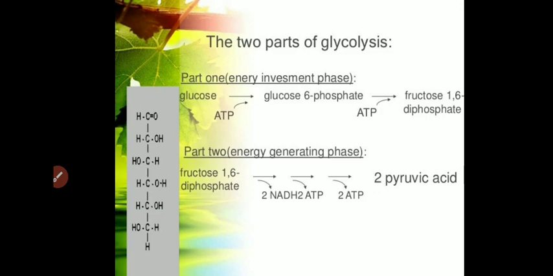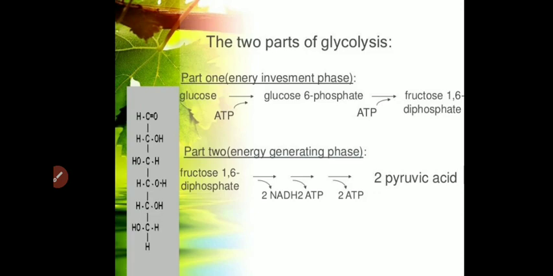Now, generally the glycolysis process is carried out in two parts. The first one is known as the preparation phase or energy investment phase, in which glucose is converted into fructose 1,6 bisphosphate by utilizing ATP, or by using energy.